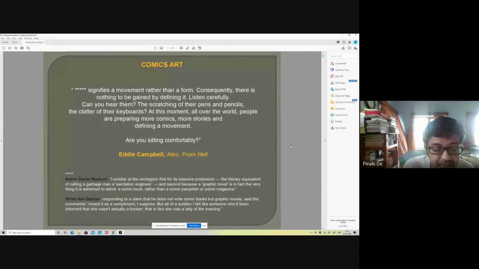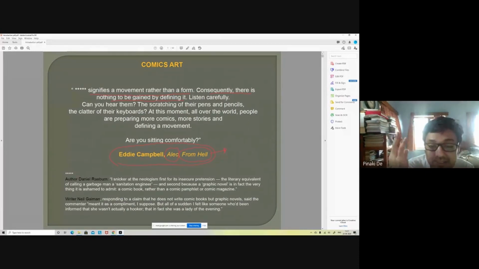This is actually by a very great comics writer called Eddie Campbell, who wrote and drew a comics called Alec, and also From Hell, which is basically a comics on Jack the Ripper. He says that comics signifies a movement rather than a form, so consequently there is nothing to be gained by defining it.